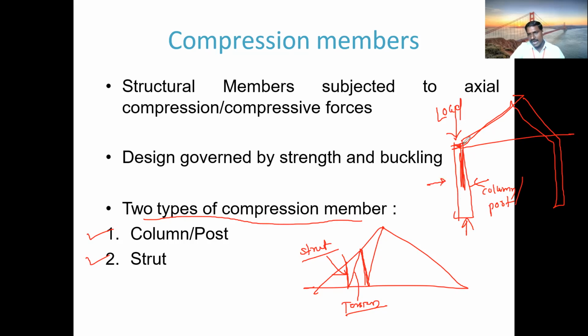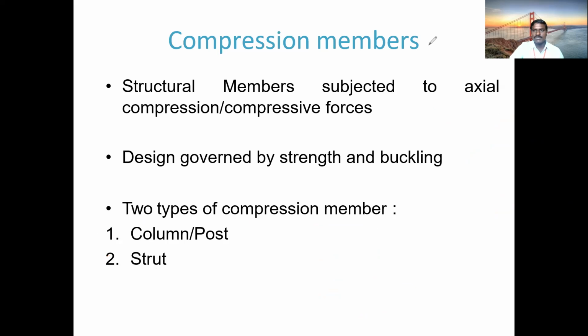Vertically downward load and bottom reaction. It means this is the situation of compression. Strut member, this is the vertical member. Vertical downward force is acting, so here one reaction. So which condition is here? Compression. Are you getting? Okay, so this is just the theoretical part.